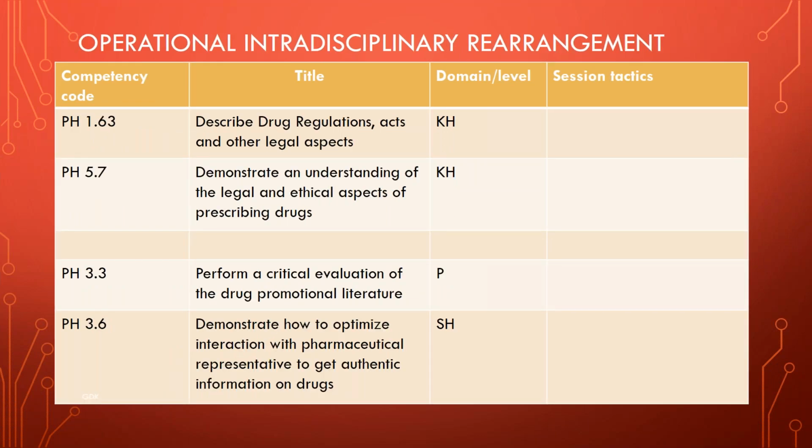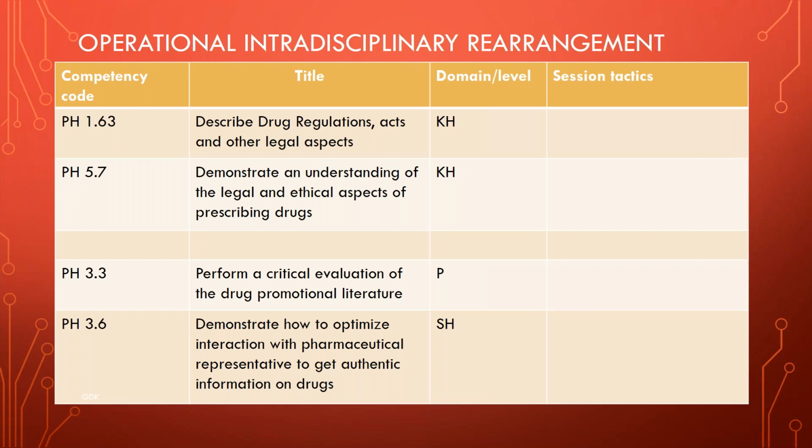PH 1.63, drug regulation, acts and legal aspects, and PH 5.7, legal and ethical aspects of prescribing. I think very closely related. Of course, one can take the help of FMT also. It can be aligned or integrated, a shared session, but it will be better to prepare SLOs in these two competencies together. It will save time.